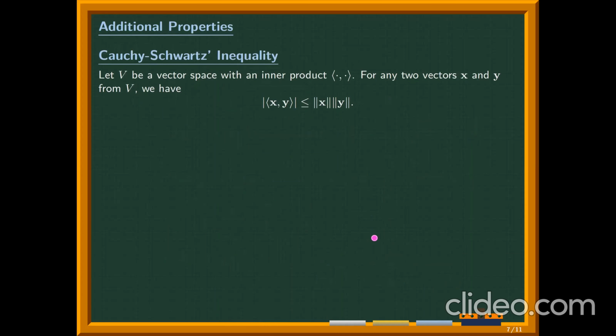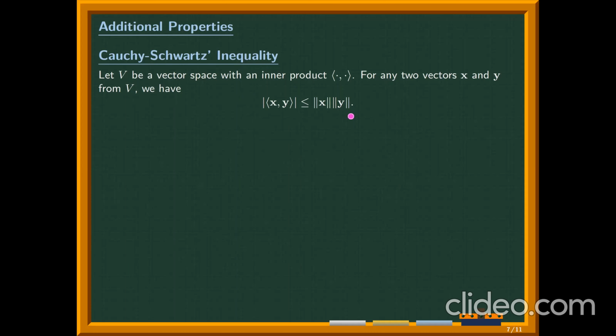So the additional properties that we mentioned for R^n relative to the dot product also hold for general inner product spaces. For instance, a generalized version of the Cauchy-Schwarz inequality can be obtained for a general inner product space.